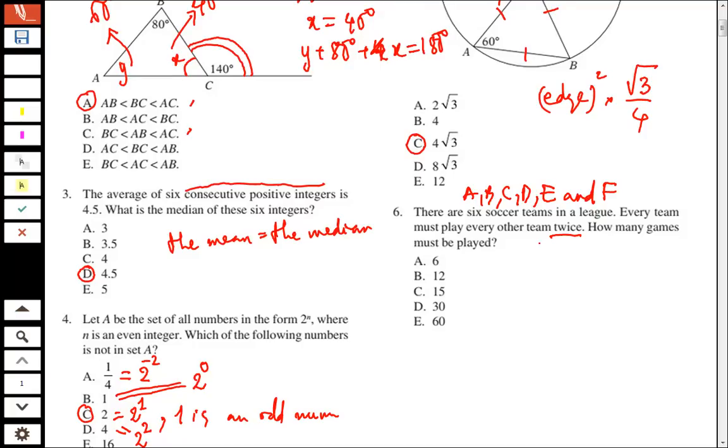There are 2 steps. First, we choose a soccer team. There are 6 ways to choose a team. This is the first step. And the second step, we choose another team.